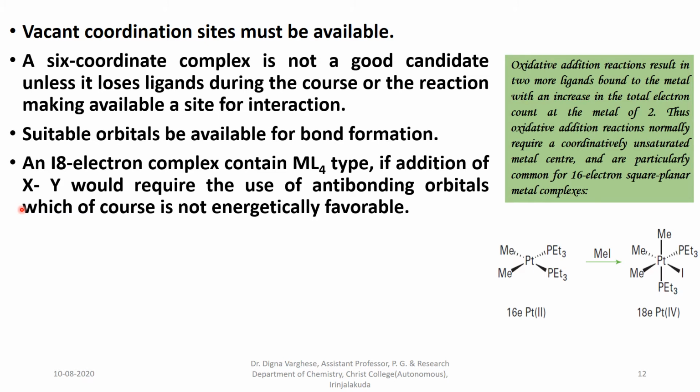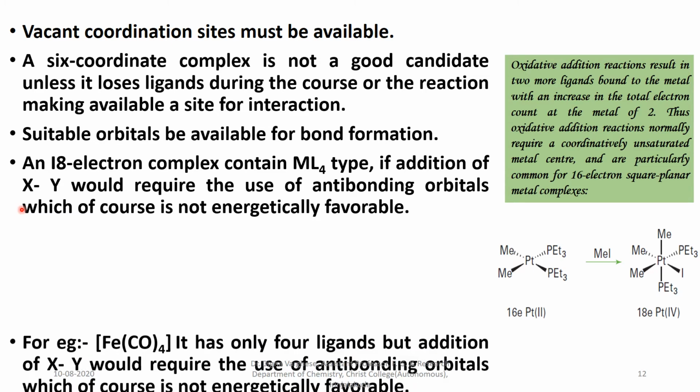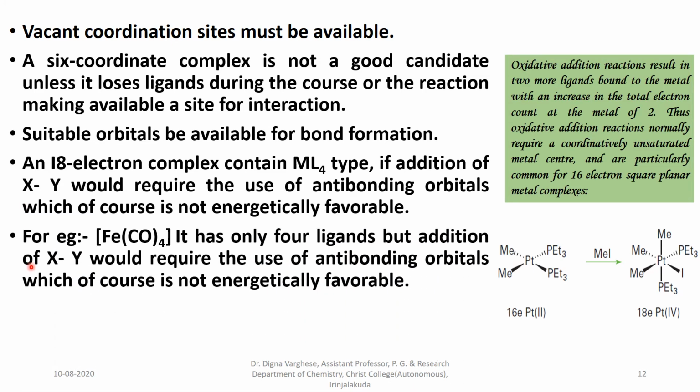So, a 16-electron complex with coordination number 4 can easily undergo oxidative addition reaction without any creation of vacant sites or use of any antibonding orbitals. For example, iron tetracarbonyl has only 4 ligands, but addition of XY would require the use of antibonding orbitals, which of course is not an energetically favorable reaction.